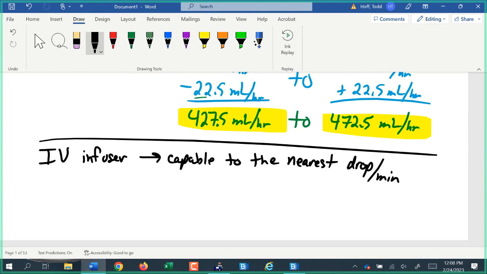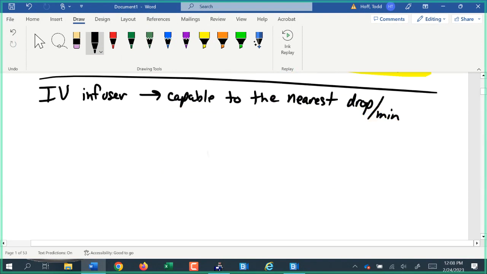So usually we set an infuser in drops per minute. This infuser can only be set to single drops. It can't be a 1/10 of a drop or 100th. Some infusers do go up to 1/100th of a drop per minute for their settings. But this one is only capable of going to the nearest drop.